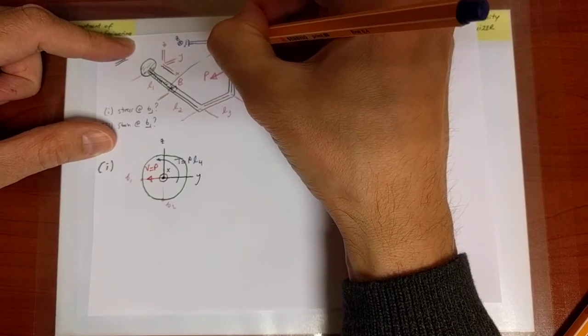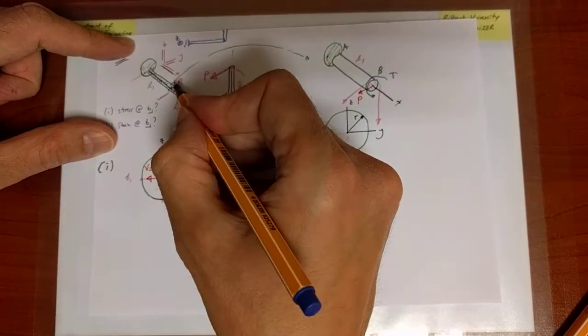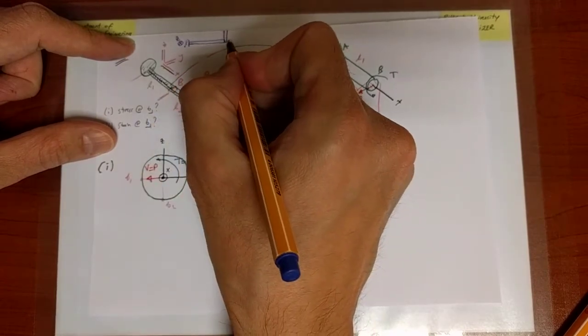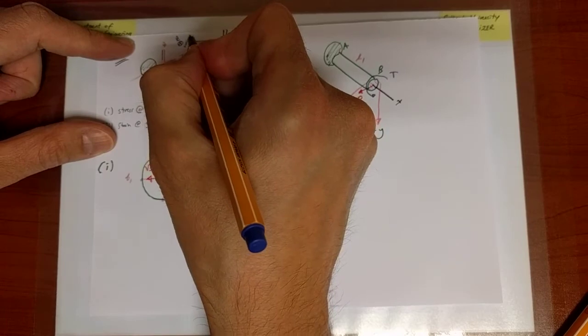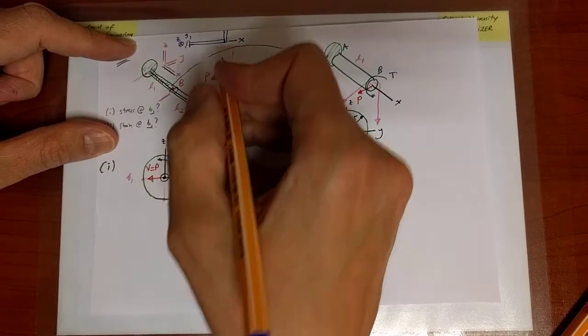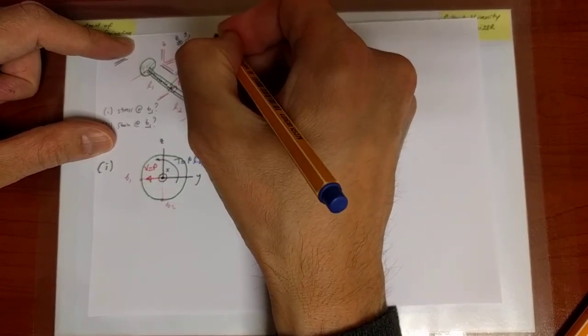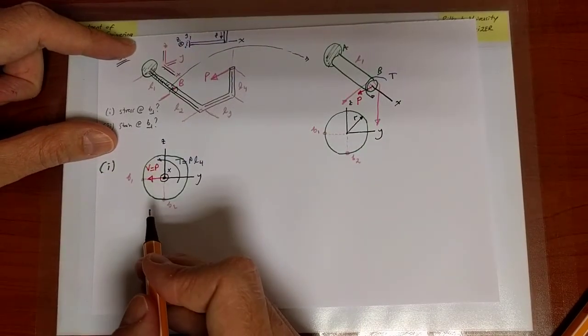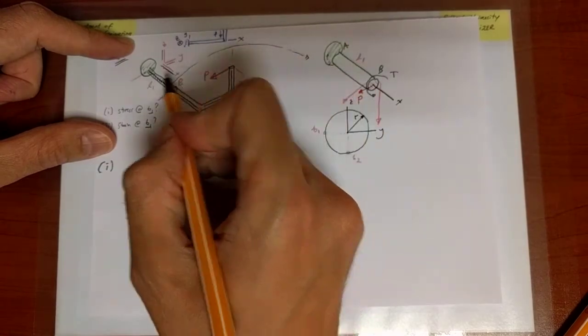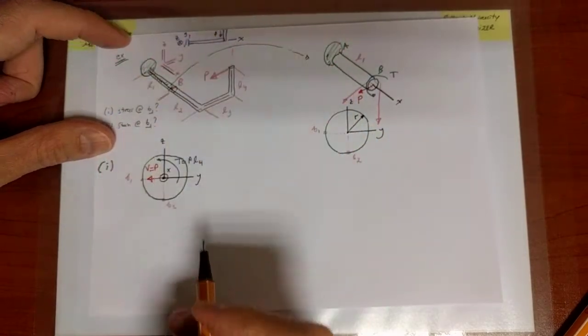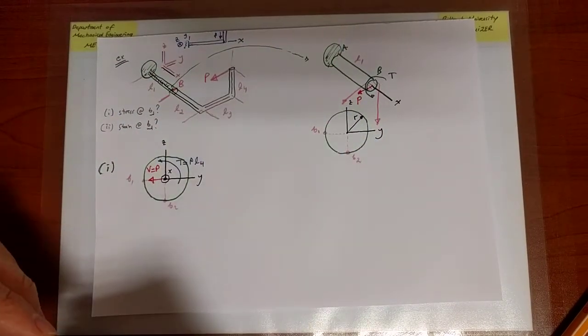Here this would be the x-axis, this would be the y direction, and there is a force applied in the minus y direction, which is going to bend the beam like this, right? So that's a bending moment in the minus z direction.